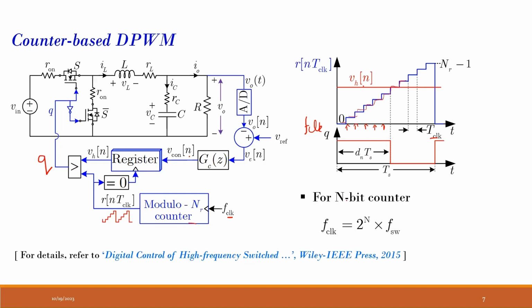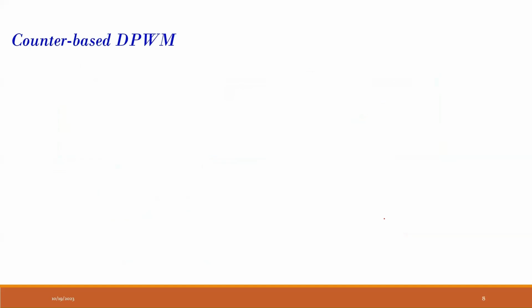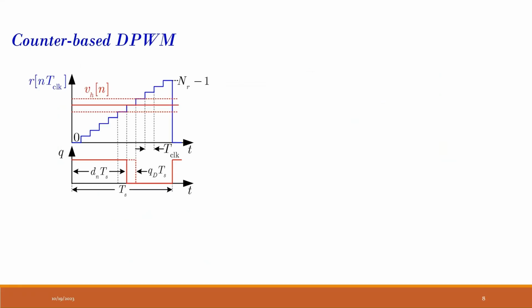Now, if we have a counter of n bits, then my clock signal should be of this frequency: F clock should be equal to 2 raised to n times FSW. Now, what is the resolution?